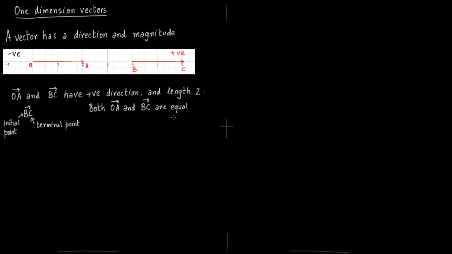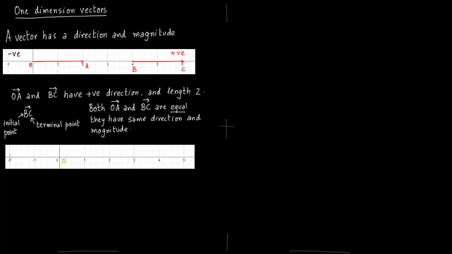So they are called equal vectors. Notice that their initial and terminal points are different, but they are equal because number one, they have same direction. Both are pointing towards the right side and they have the same length 2. And length we are calling magnitude.